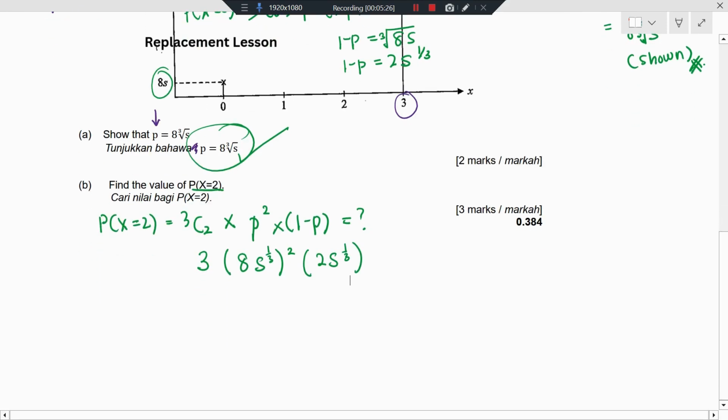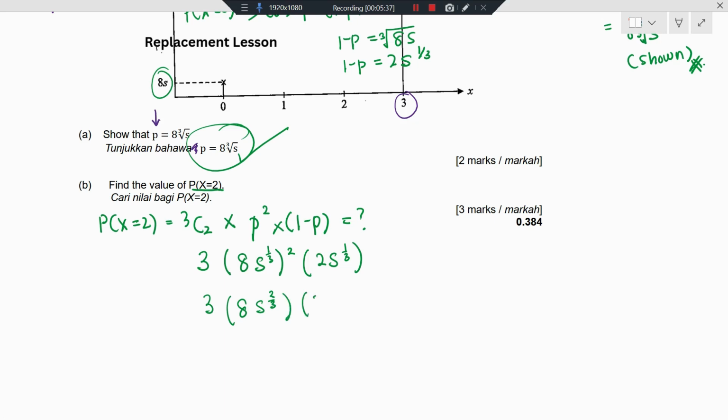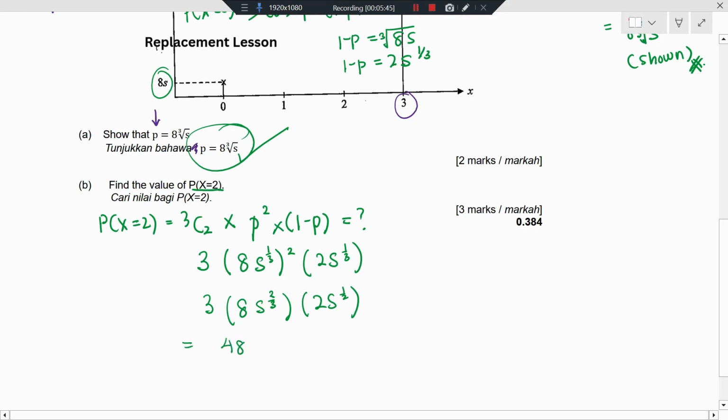So 8s to the 1 over 3 is s to the 2 over 3, and then you multiply by 2s to the 1 over 3, and then 3 times 2 is 6, 6 times 8 is 48, s to the 2 over 3 plus 1 over 2.